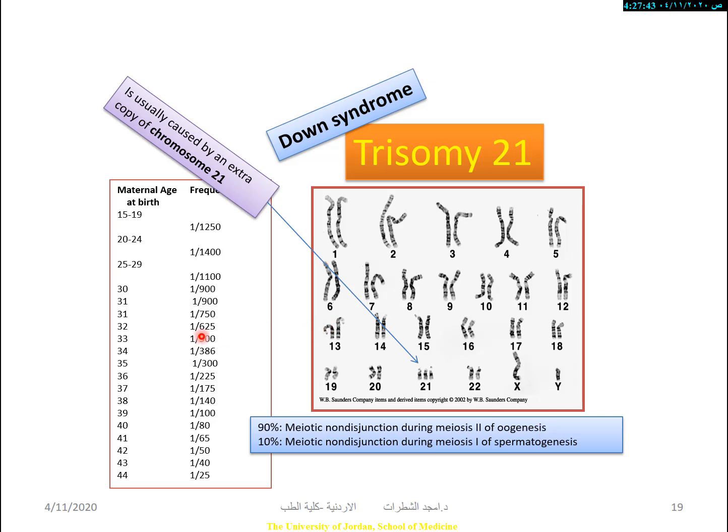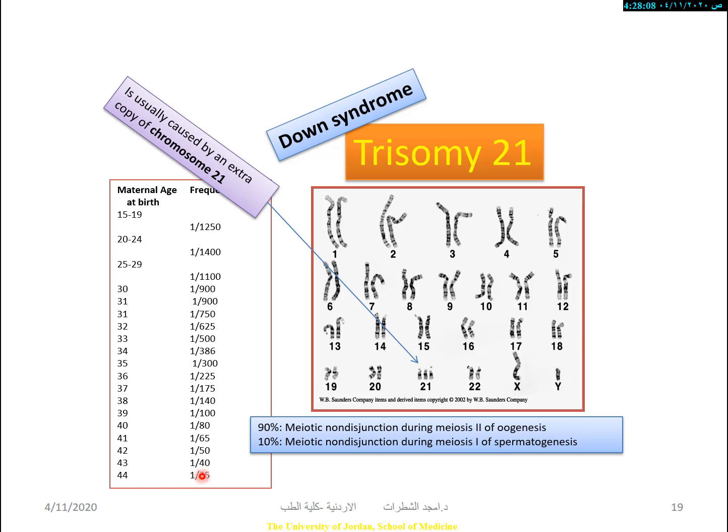And I don't want you to memorize this table. I'm sure you would ask this question, but you have to know that with age, the possibility of Down syndrome would severely increase. Look at 45 years, one in each 25.